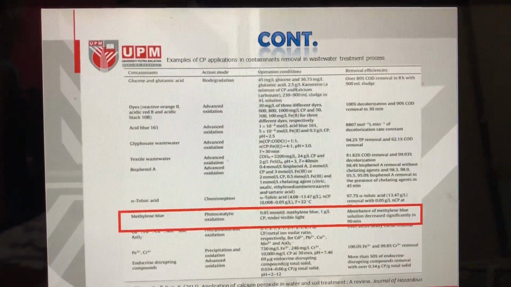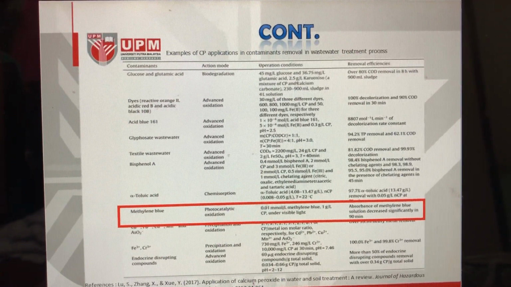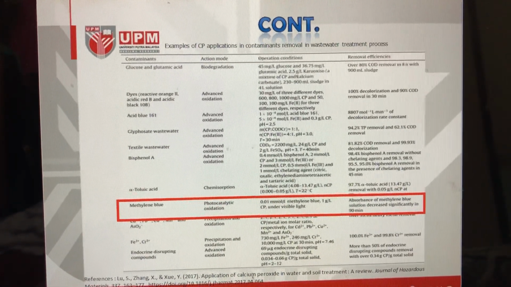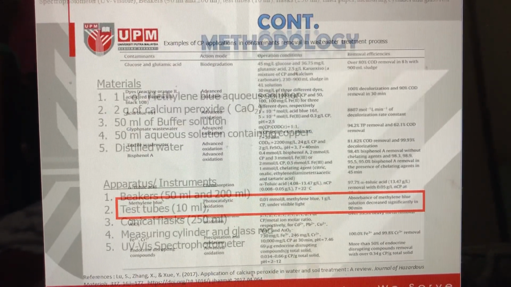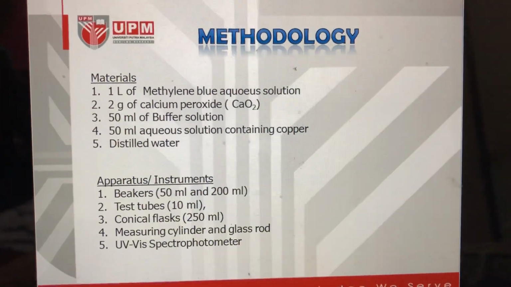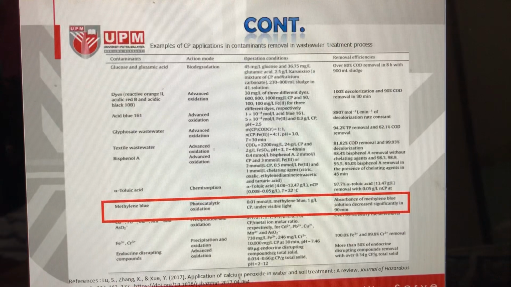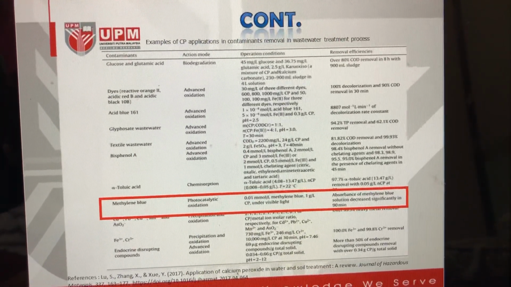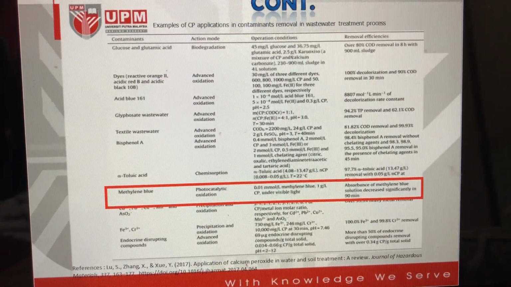These tables are examples of CP applications in contaminant removal in wastewater treatment processes. We can see that there are many types of contaminants, such as glucose and glutamic acid, dyes, acid blues, glyphosate wastewater, textile wastewater, bisphenol, toluic acid, methylene blue, and other materials and heavy metals.